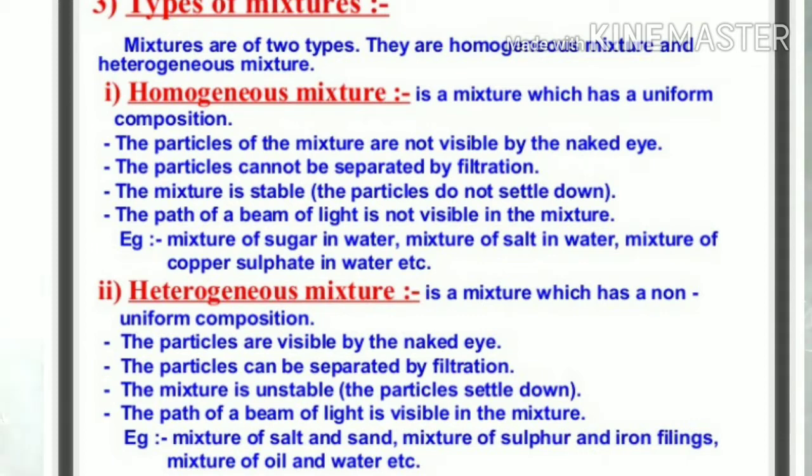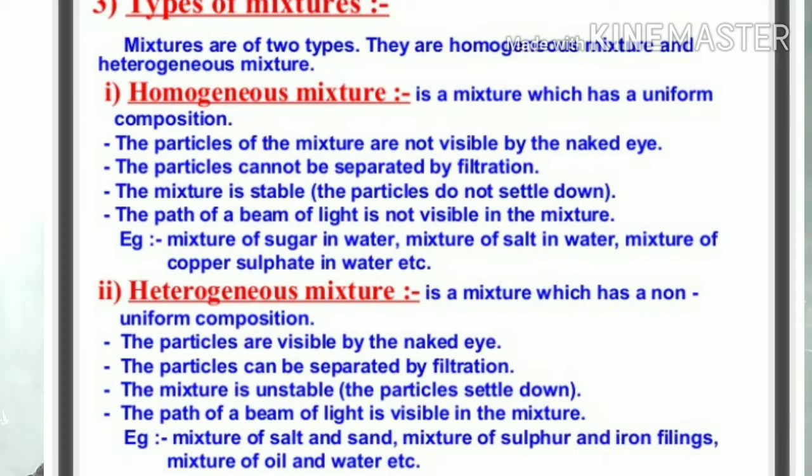When I am talking about a heterogeneous mixture, the particles can be seen by the naked eye. The particles can be separated by the filtration method. The mixture is unstable. The particles always settle at the bottom.